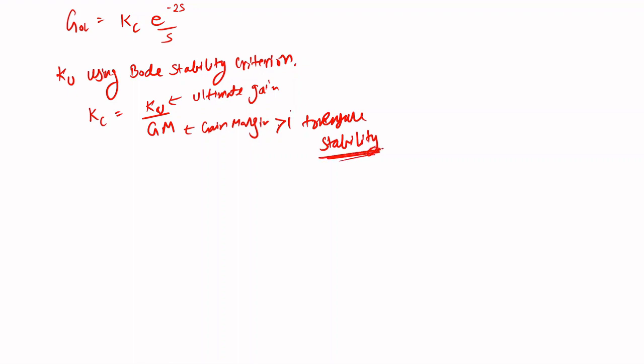So using this Bode stability criterion, we define this ultimate gain as Ku. So that is what we have been asked in this question to find out.